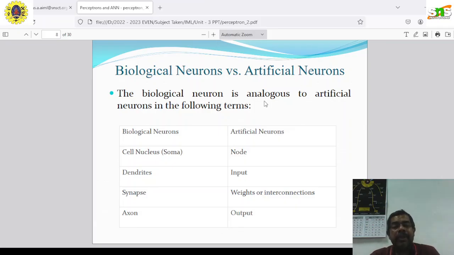The dendrites in a real neuron are treated as inputs for artificial neurons. The synapse is treated as the weights or interconnections in an implemented neural network. The axon in real neurons is treated as the output in neural networks.